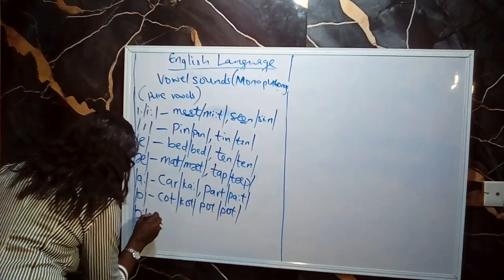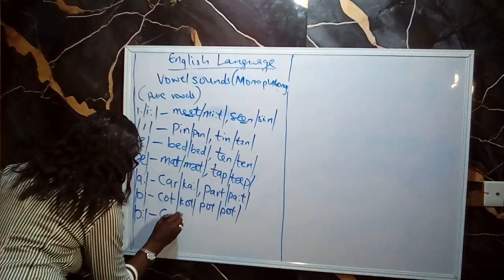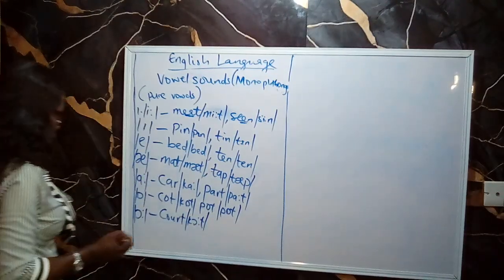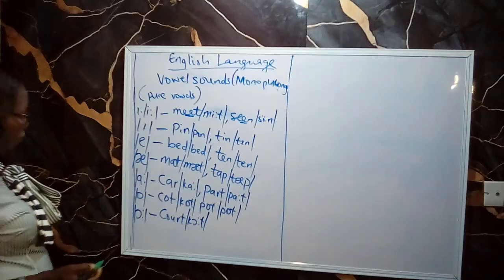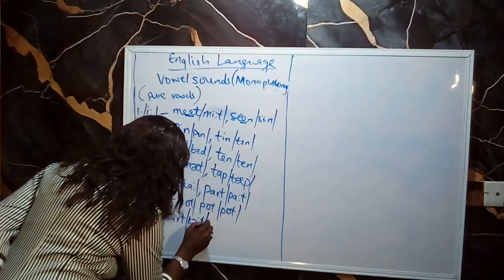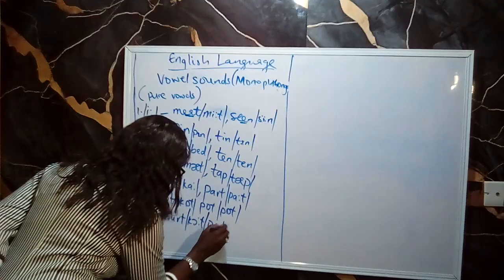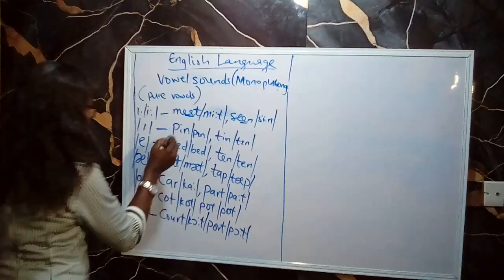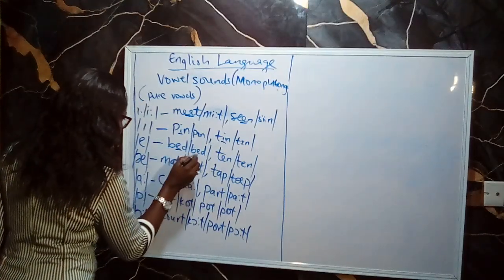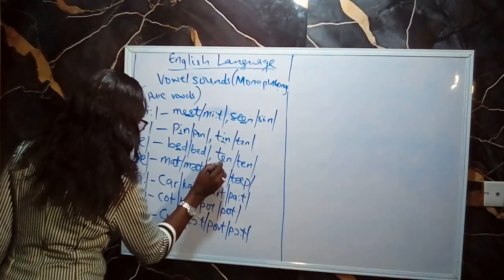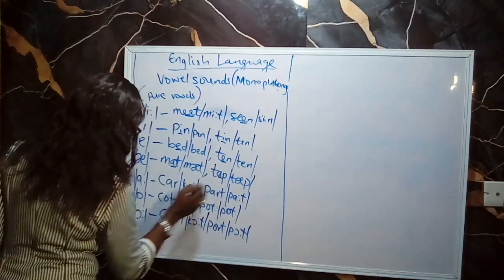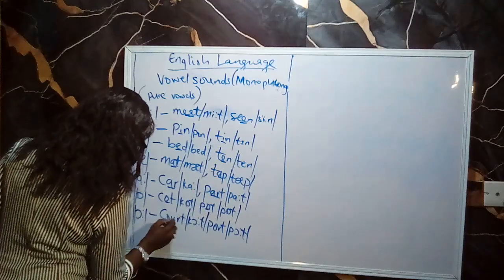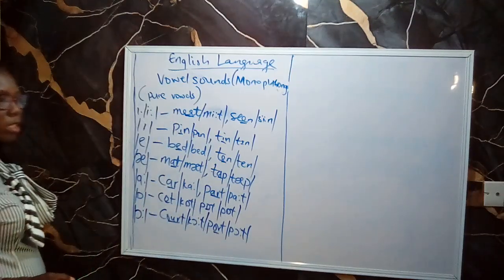And under aw we have cut and pot. Please remember where the sounds are. Mat, tap, car. Okay. All right. So let's go to the next one.